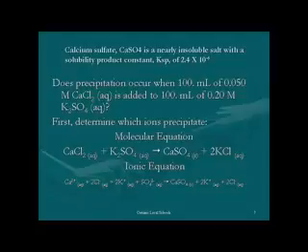So the ionic equation here would be calcium 2+ ion, aqueous, plus 2 chloride ions, aqueous, plus 2 potassium ions, aqueous, plus sulfate ion, aqueous, will yield calcium sulfate, solid, plus 2 potassium ions, aqueous, plus 2 chloride ions, aqueous.